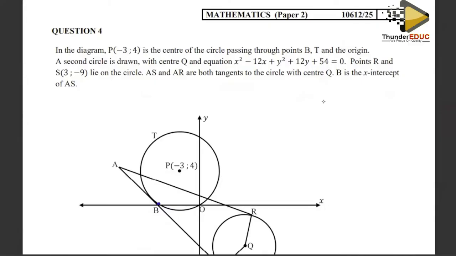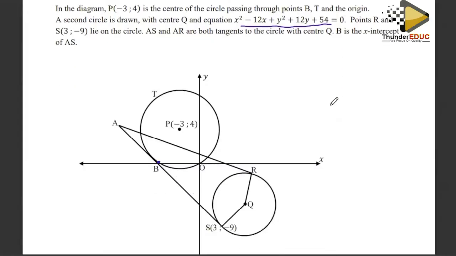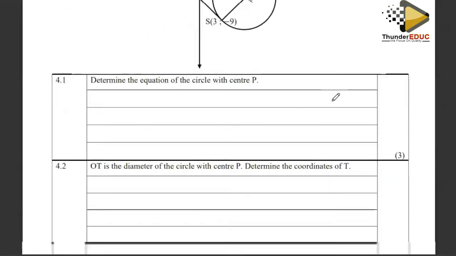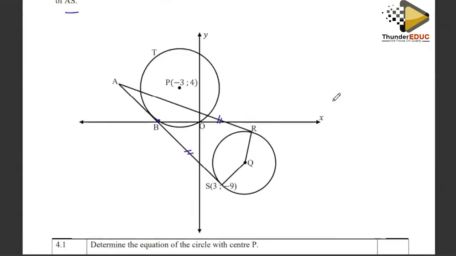A second circle Q has this equation. Points R and S lie on the circle. AS and AR are both tangents, and tangents from a common point must always be equal. B is the x-intercept of AS. First things first, they want us to get the equation of P.